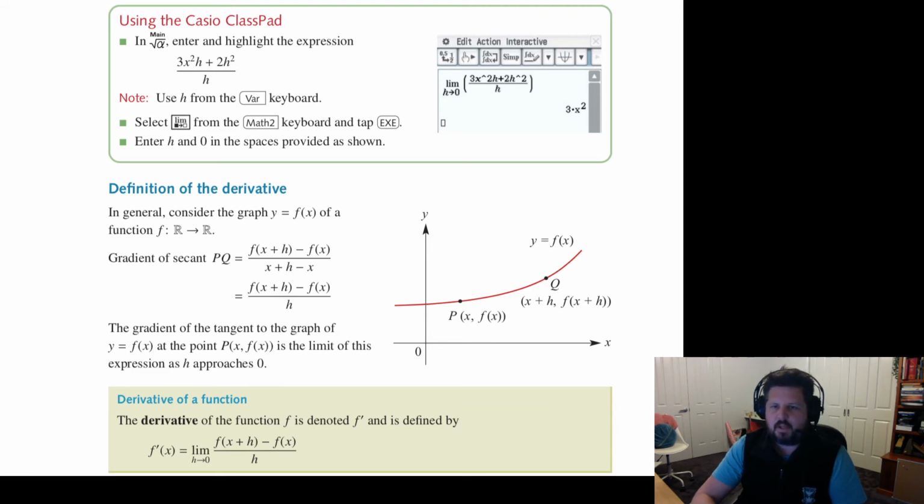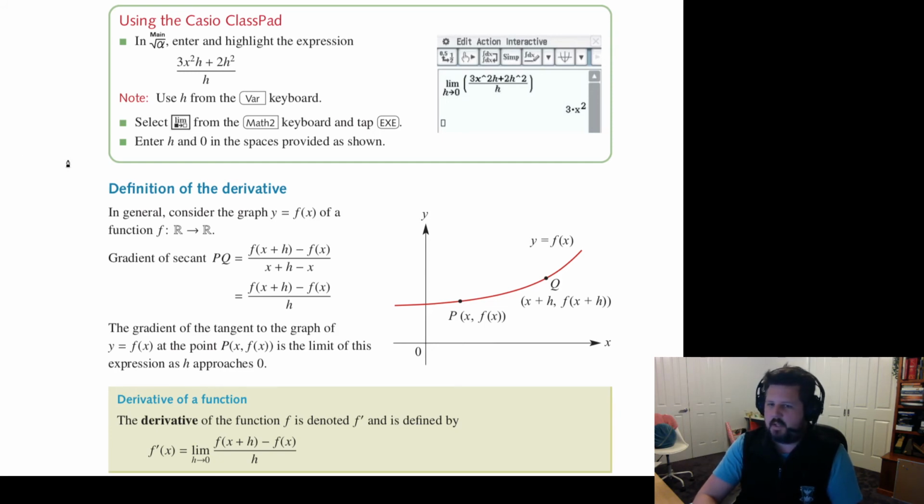So if you're calculating the gradient of the secant between some points, say P and Q, it's going to be the function of x plus h, take away the original function of x, divided by the x plus h, take away this x value. So the whole idea of finding a point a little bit further on by adding on an h value is the whole idea of first principles here.